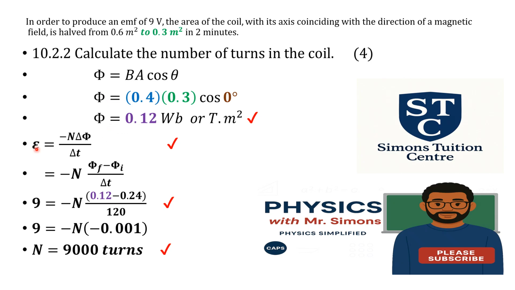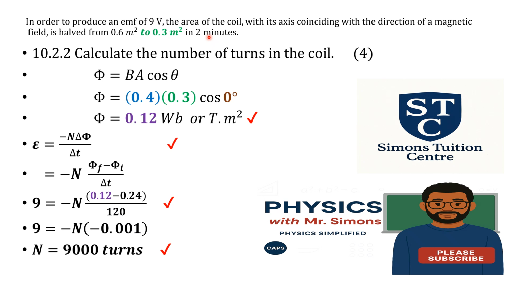Right, so EMF equals negative N times the change in phi over the change in t. The EMF, they said, is 9 volts. The change in magnetic flux is the final, 0.12, after I changed, minus the initial, which was 0.24. For the change in time, I assume you know there are 60 seconds in a minute.